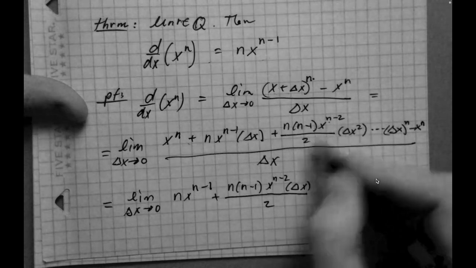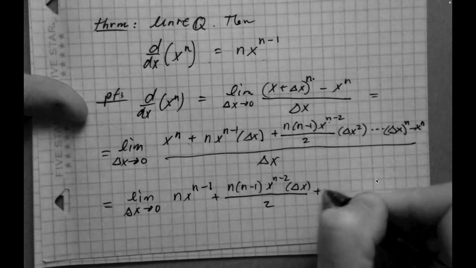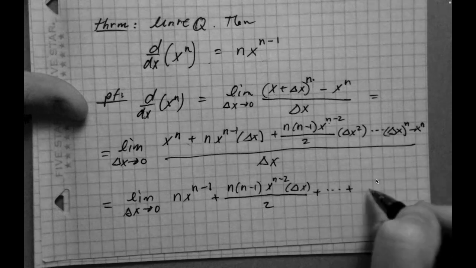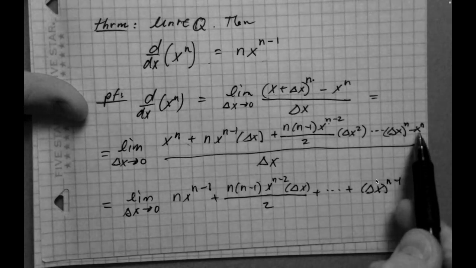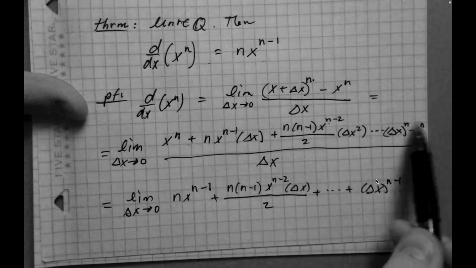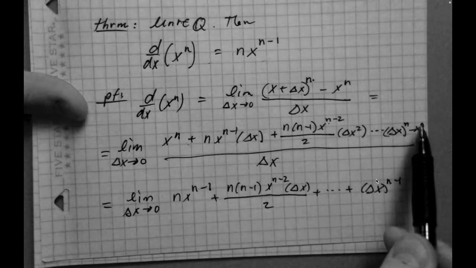That's this term. Plus, and again, take some time to think this through, you would get delta x to the n minus 1. And then, of course, this leading term here cancels with the term at the end.